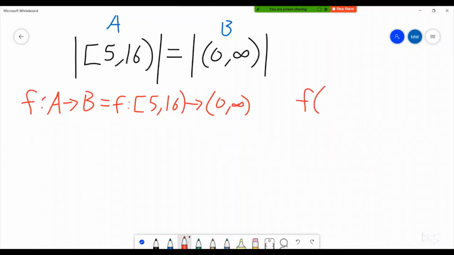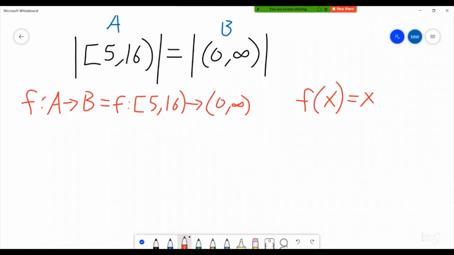I did 17 minus x. So that would be one that would work. We could also just say that our injection is f of x equals x. Just send everything to itself. That is going to be an injection from 5 to 16 to 0 to infinity, because 5 to 16 is a subset of 0 to infinity.